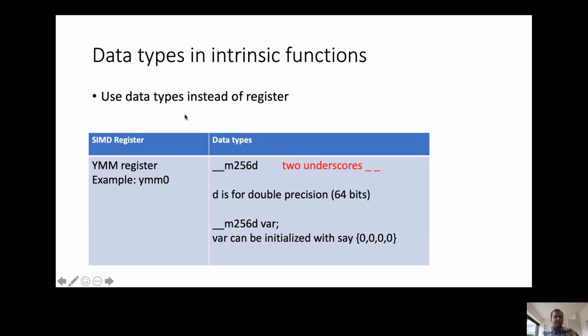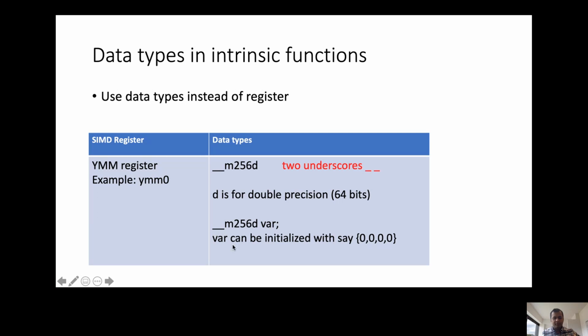We want to use data types instead of registers, so let's try to compare them. For the SIMD register YMM, one example is YMM0. In intrinsic functions, we'll use __m256d. D is for double precision. An example would be __m256d var.